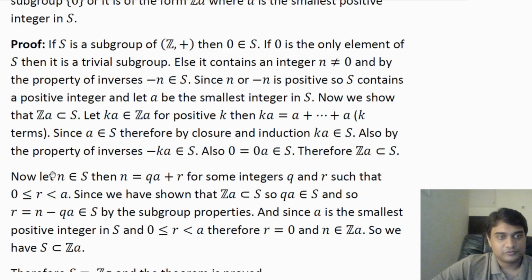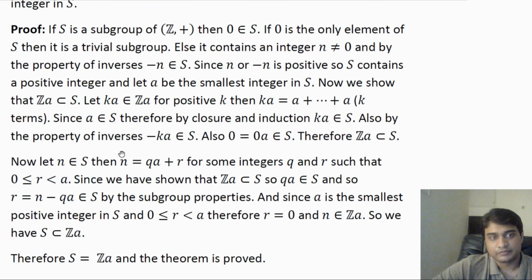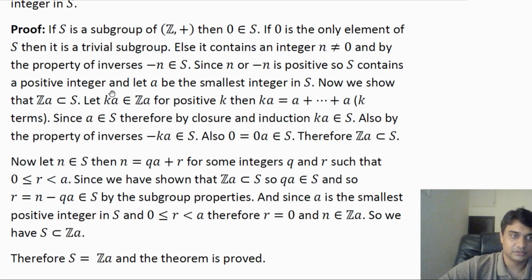Also we have the property of inverses. If KA is in S, then its inverse, minus KA, is also in S. So if K is a positive integer, then minus KA means multiplying a negative integer by A. So we have exhausted all the possibilities.